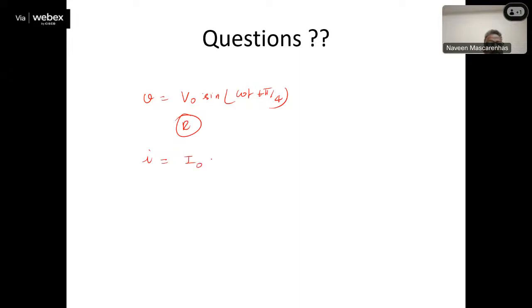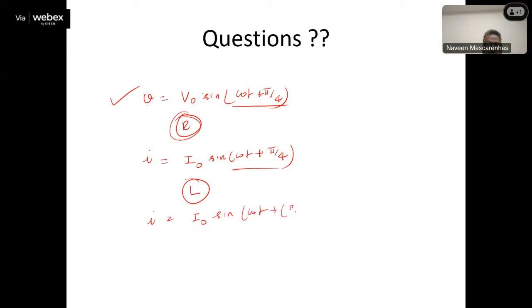Current will be I is equal to I naught sine of omega t plus pi by 4, because there should not be any phase difference between current and voltage when it is applied to R. But if the same voltage is applied to not R but L, then you should know that voltage leads the current, that means current lags. So current will be I naught sine of omega t plus pi by 4 minus pi by 2.